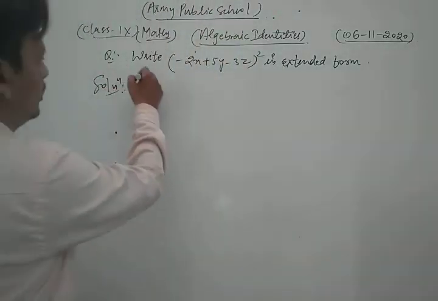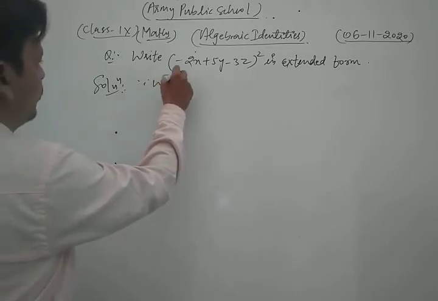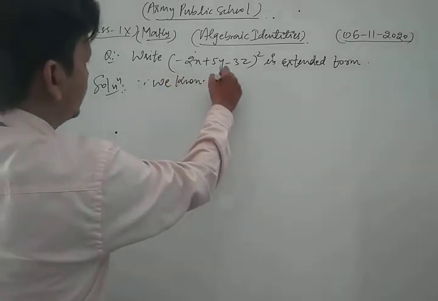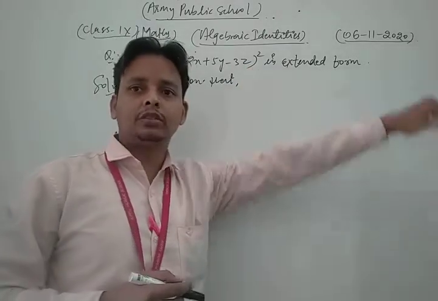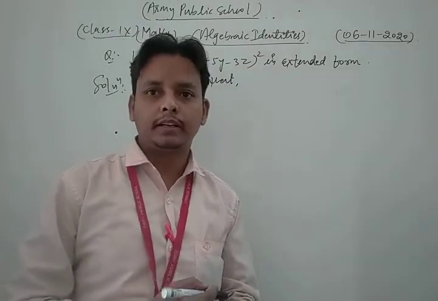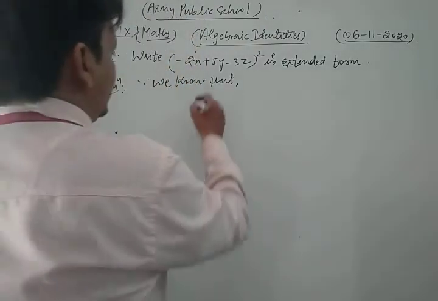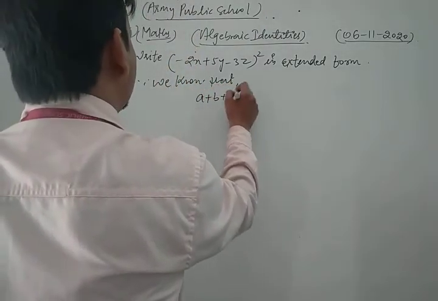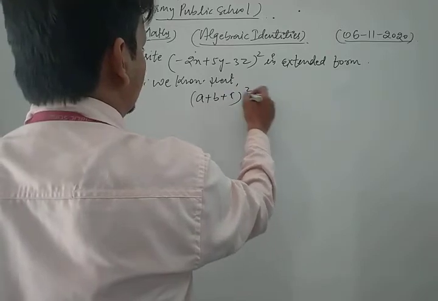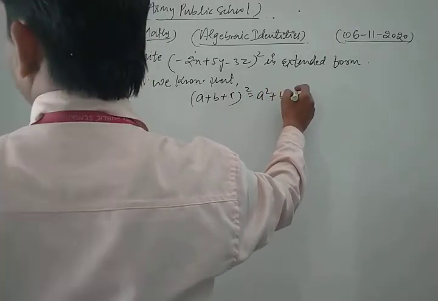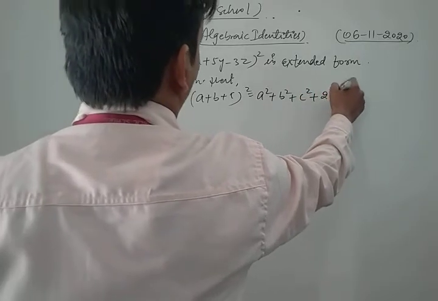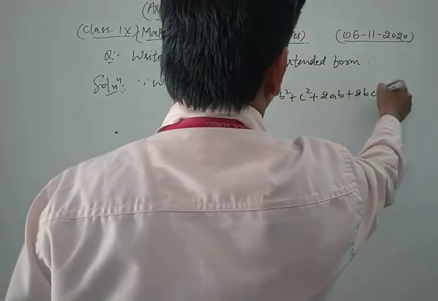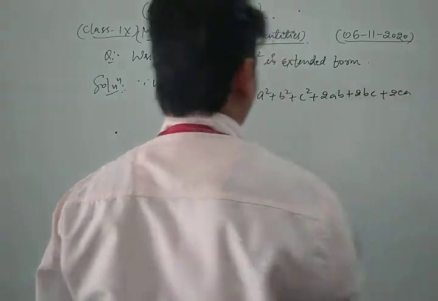First of all, we know that to expand this question we use the identity (a plus b plus c) whole square. We know that (a plus b plus c) whole square is equal to a square plus b square plus c square plus 2ab plus 2bc plus 2ca.